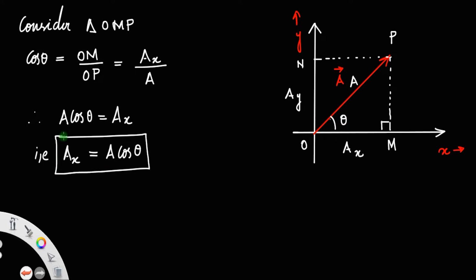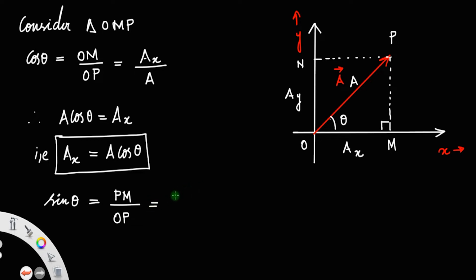And this one is called the x component or horizontal component of the vector. AX, that is A cos theta, is the horizontal component of the vector. Similarly, if you take sine theta, you will get sine theta will be PM divided by OP.